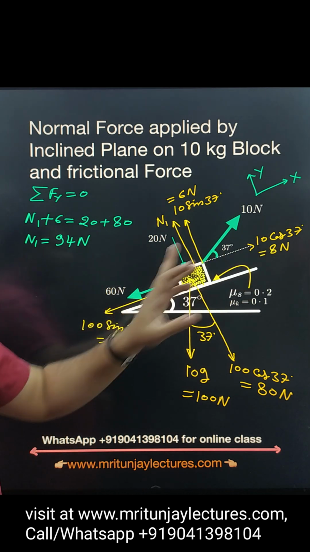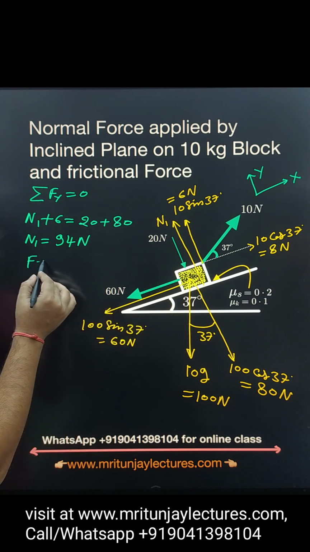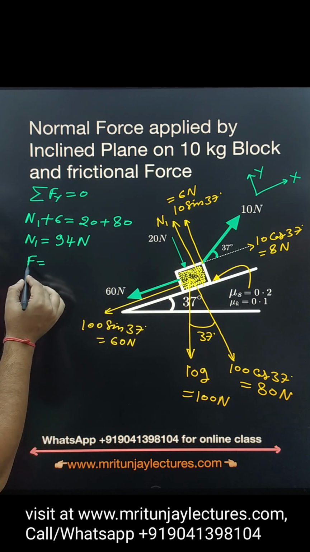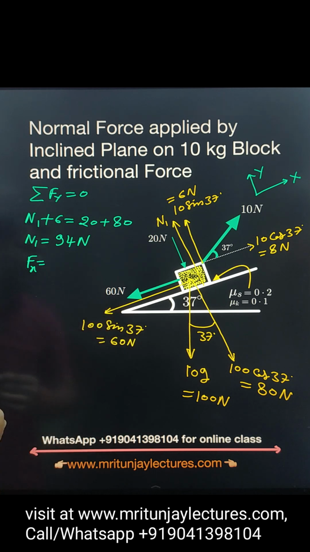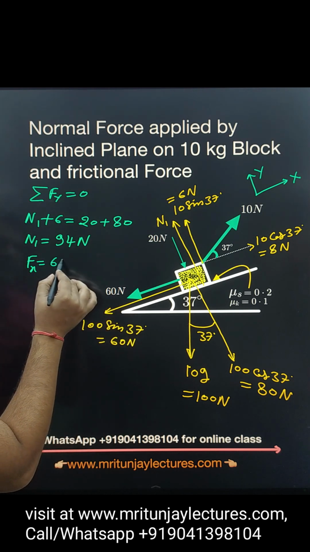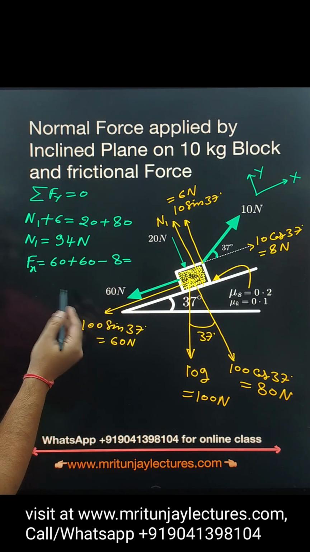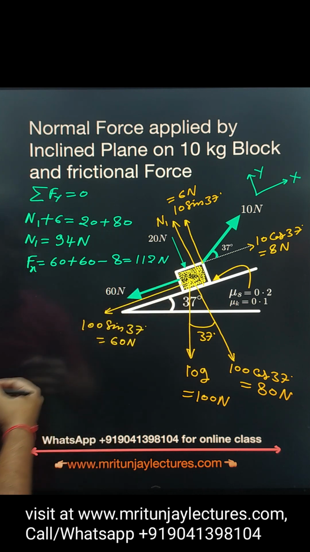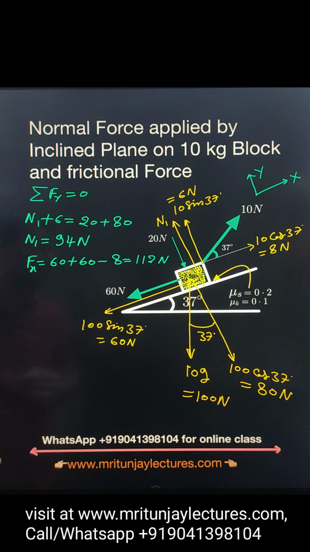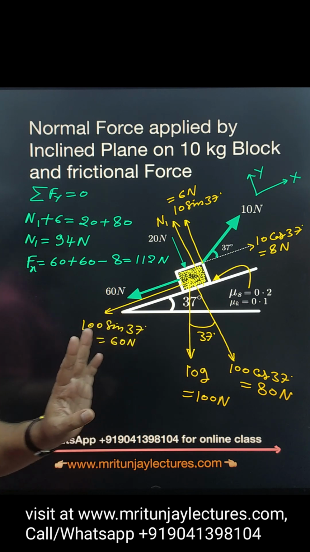So 120 minus 8, that is the net force along the capital X axis. 60 plus 60 is 120, minus 8, that is 112 Newton. Okay, now whether this block is moving or not is decided by the frictional force.